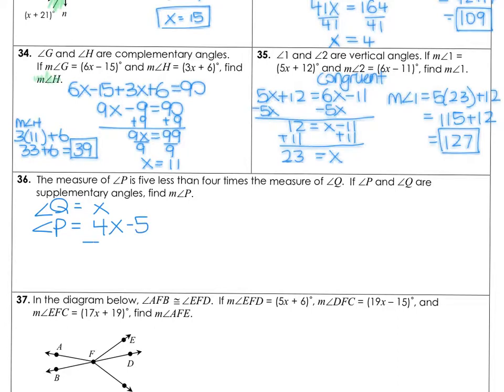They're supplementary, so we know added together they must equal 180. So I'll just rewrite it over here. Combine like terms.